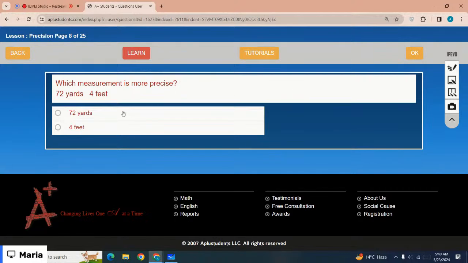That is 4 feet, right? The correct option is 4 feet.